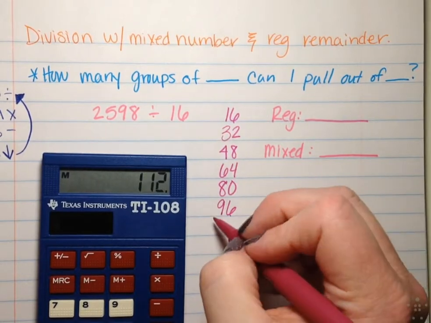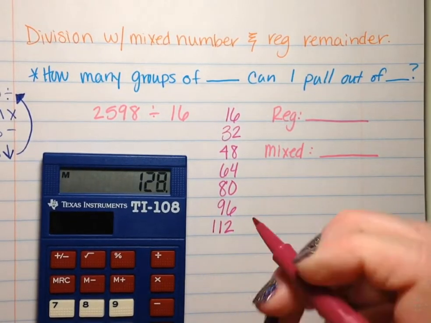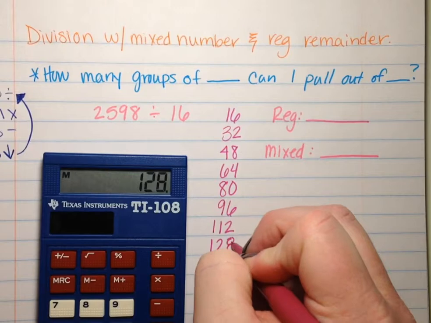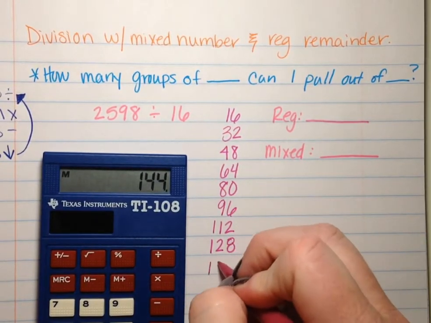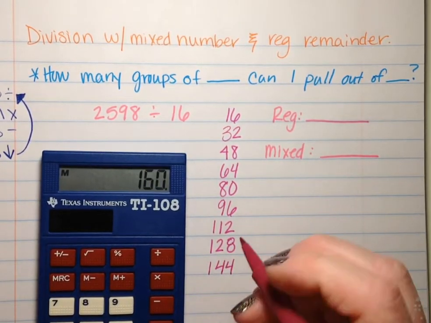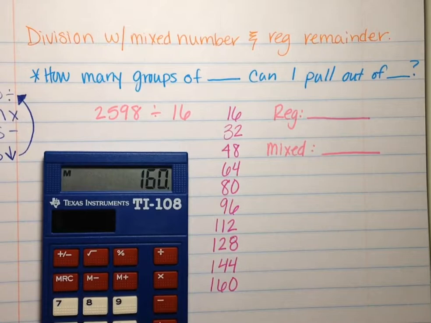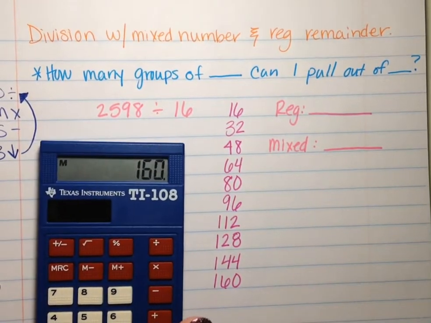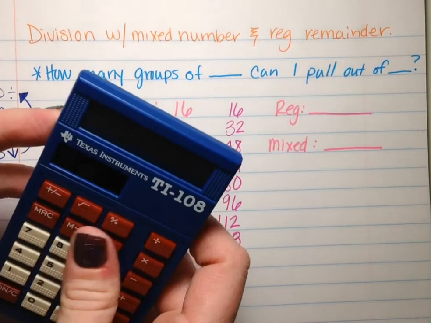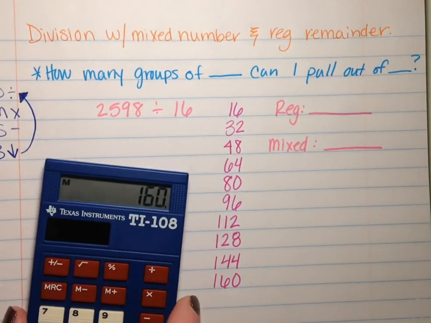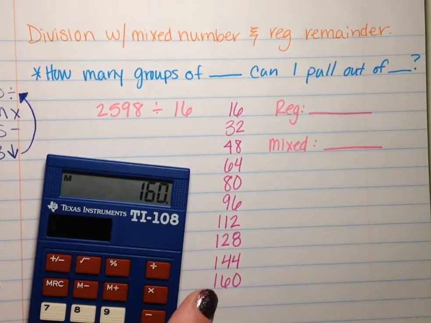Notice how I'm using the same hand that I'm writing with to hit equals, and that is going to help me not go too fast and make sure that I get all of my numbers correctly. Also notice that my calculator is flat on my paper. I'm not holding it in my hands like a cell phone. That will help me make fewer mistakes as well.